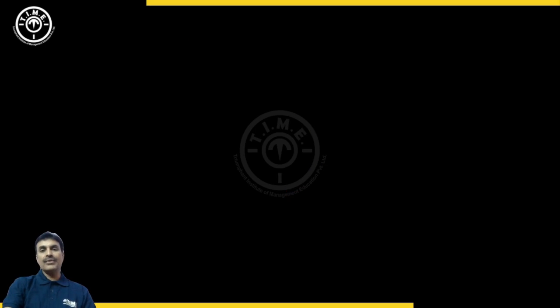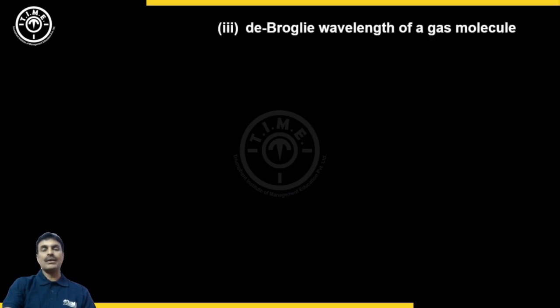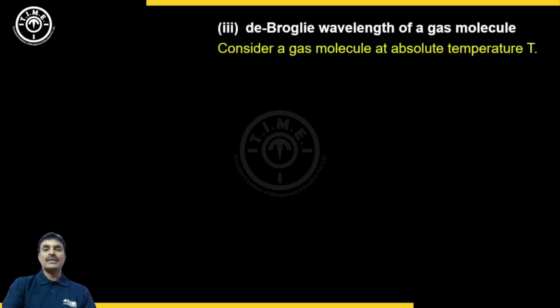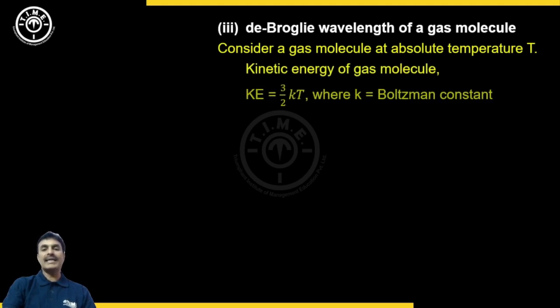In the same way, what is the de Broglie wavelength of a gas molecule? See, considering a gas molecule at an absolute temperature T, its kinetic energy is given by 3 by 2 kT. Now, using the relation p is equal to root 2m times kinetic energy, this is the relation between momentum and kinetic energy.